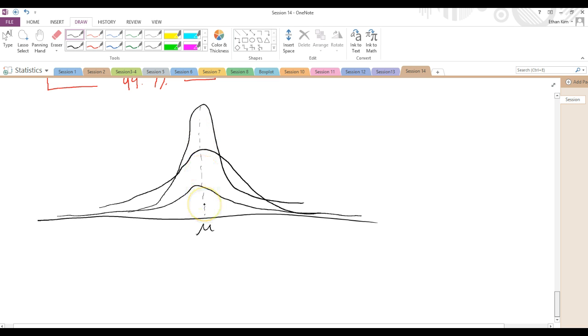And we're comparing the sigmas for everything. So this is graph number 1, this is graph number 2, and this is graph number 3. Which one do you think has the highest standard deviation?